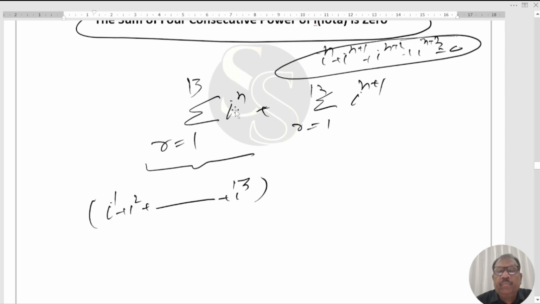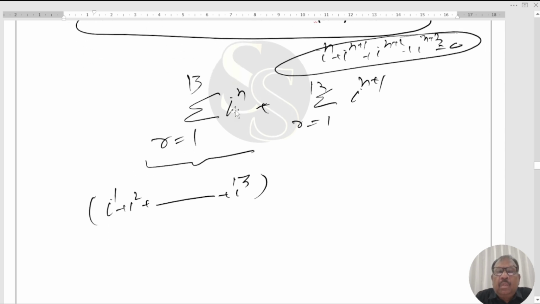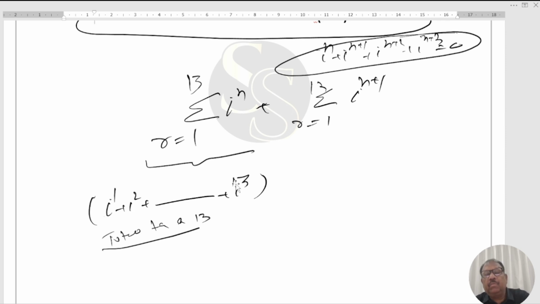What we will get? iota^13. So total terms are 13. I will retain this term or retain that term, the answer will be the same.